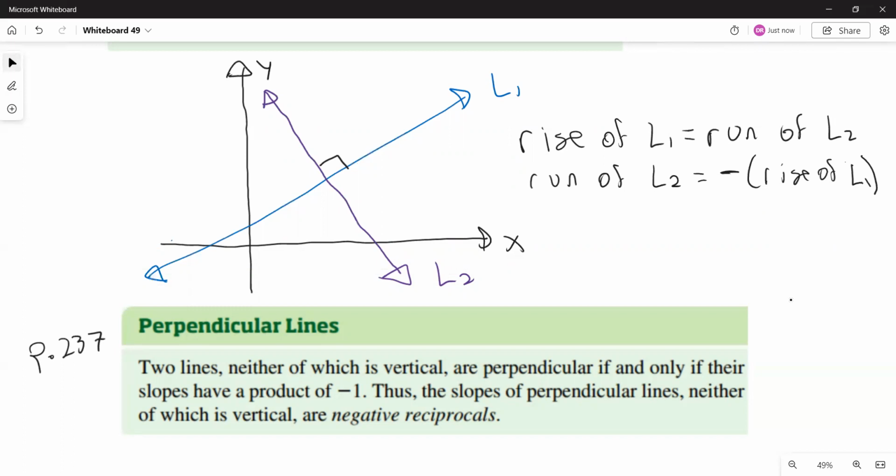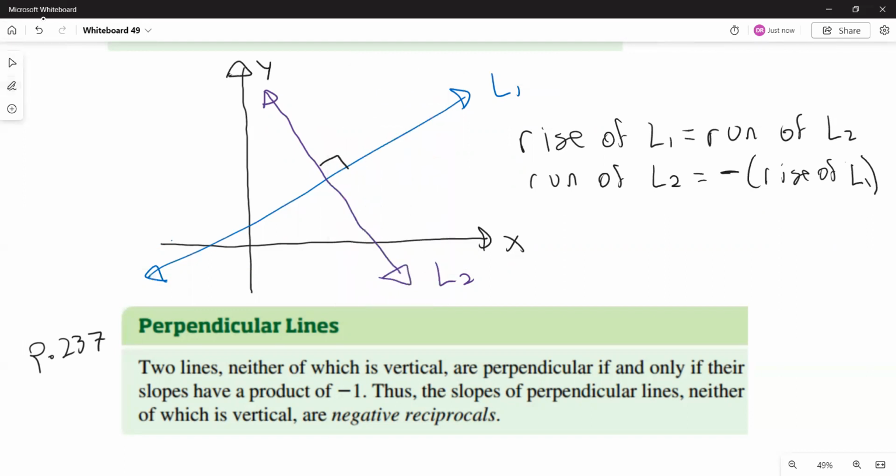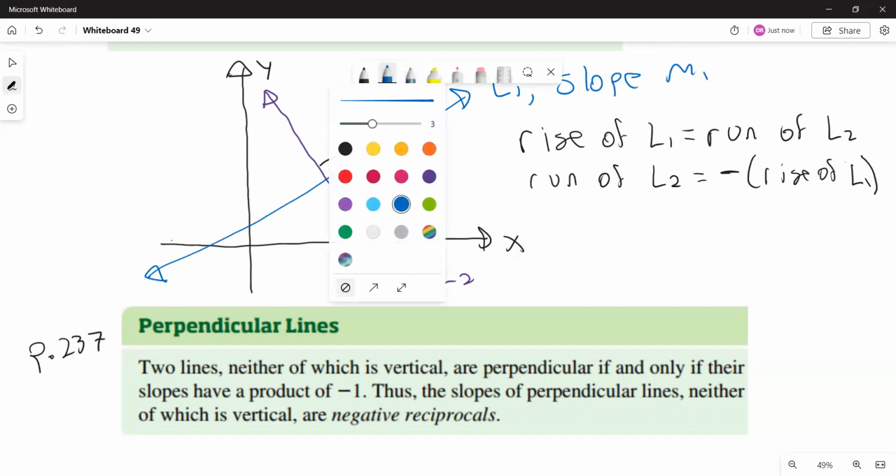Thus, the slopes of perpendicular lines, neither of which is vertical, are negative reciprocals. So let's suppose that L1 has slope M1 and L2 has slope M2.